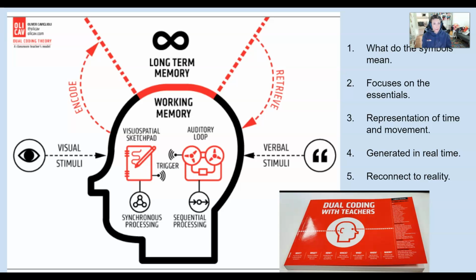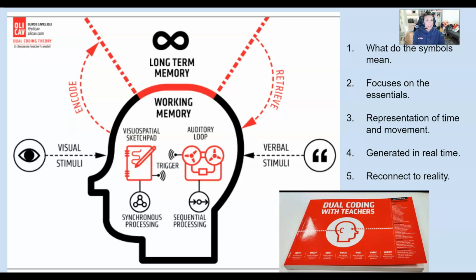So going back to this image, which is still complicated, let's see how it has those 5 key ingredients. So what do the symbols mean? Well, actually, we don't have that key ingredient. We don't know what those symbols mean. We might know what some of them mean, but because we've not been taught it, we don't know what they mean.